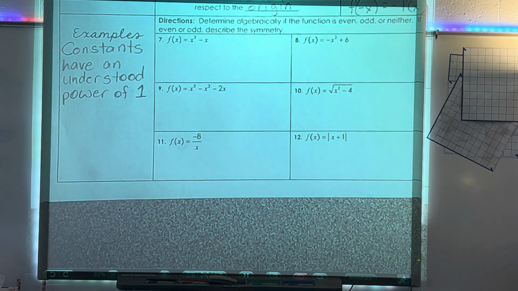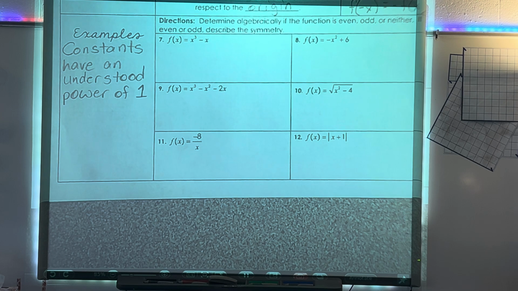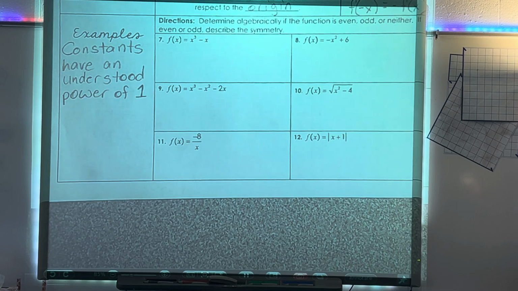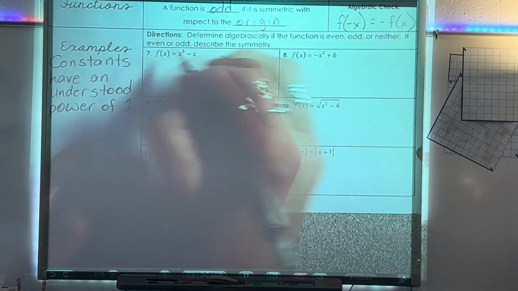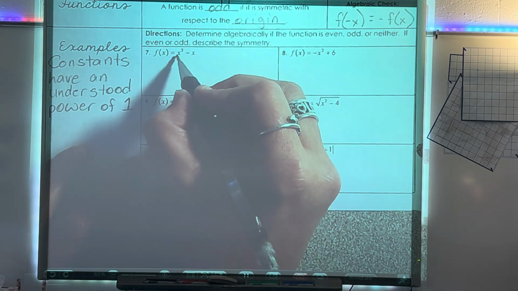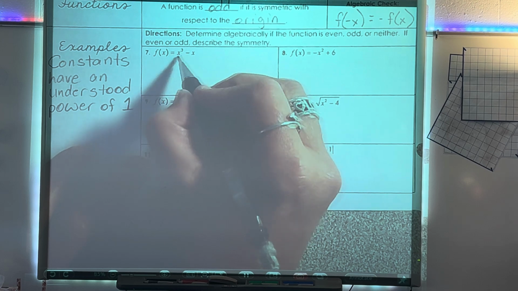So if I just have 5, that means 5 to the first power, because that's how I get 5. Does that make sense? Keep that in mind, because I'm going to teach you a trick in just a second. So here, I'm pretty sure this is an odd function.